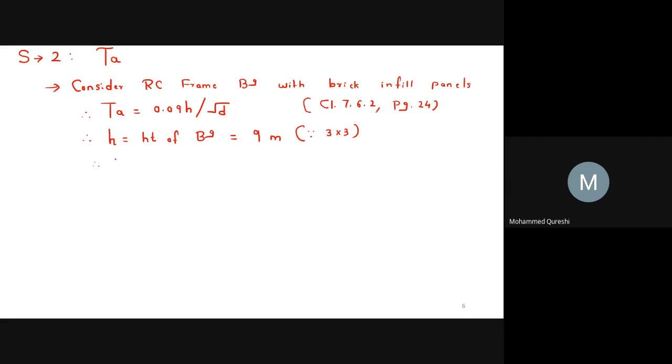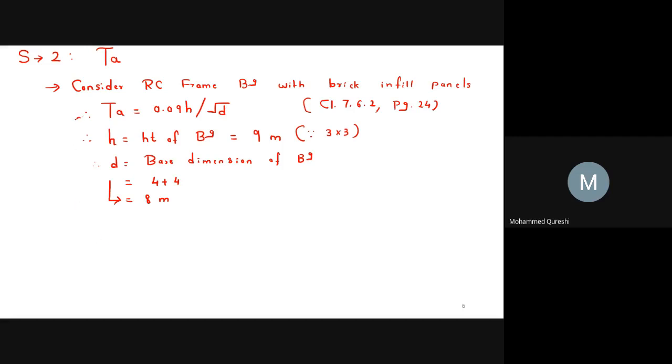Now, our next step will be D, that is base dimension of the building. Remember this value. What is D? Base dimension of building in the direction of lateral load. So, your D will be 4 plus 4, considering earthquake force in x direction. So your D will be 8 meter.